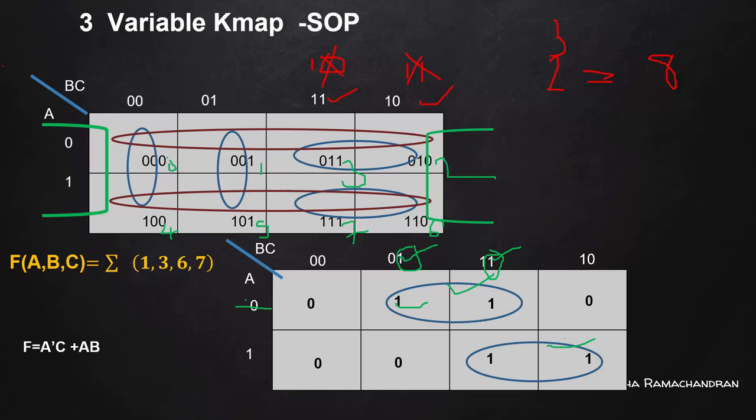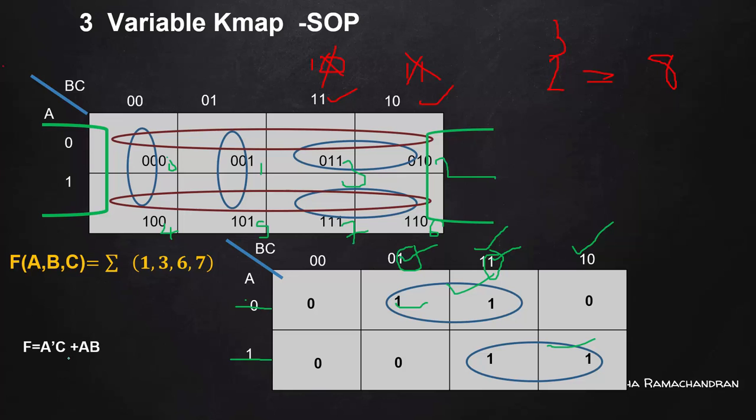Next, consider the next group. Here A with value 1 is common. And which one is common along this column? B with value 1 is common. C values are different for these two ones. Right? But B is common.